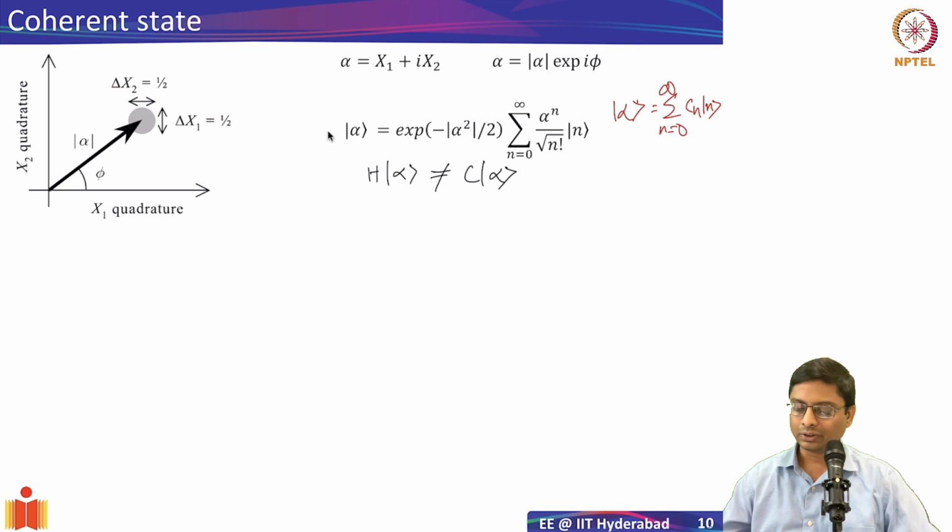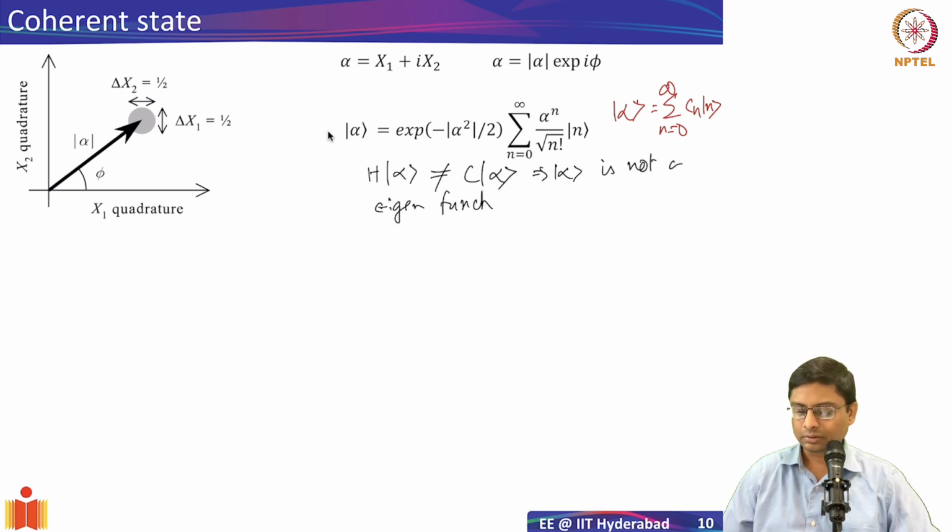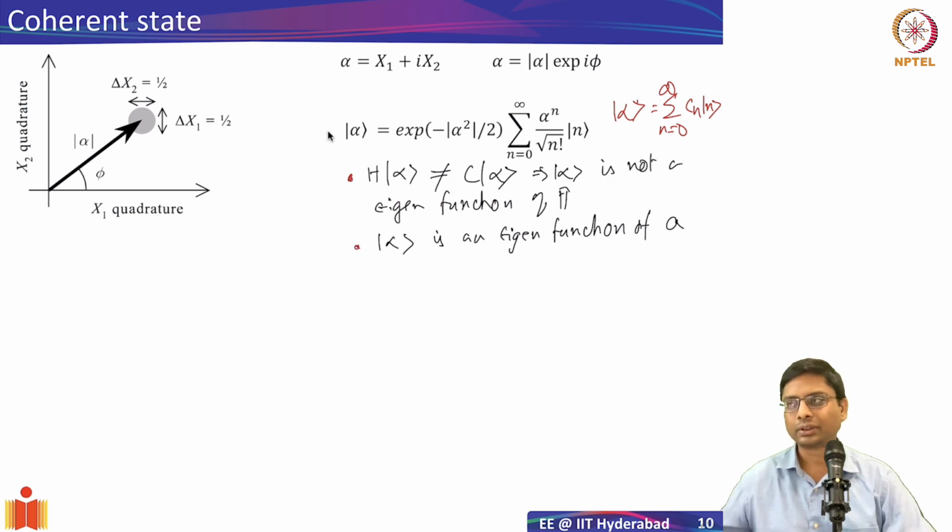So basically, alpha is not an eigenfunction of H, but it turns out that alpha is an eigenfunction of A, the annihilation operator. Okay, so this is 1 and this is 2, points to remember.